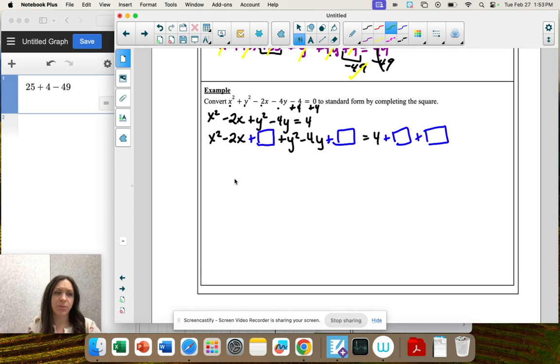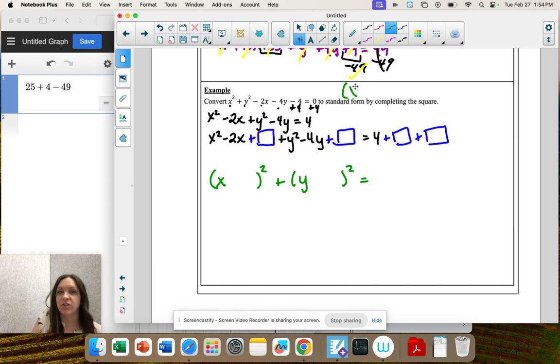So this is called completing the square because we're making a square. We're making x plus or minus something squared. And then we're making y plus or minus something squared because that's our standard form. Our standard form has 2 squares and then it equals the radius.